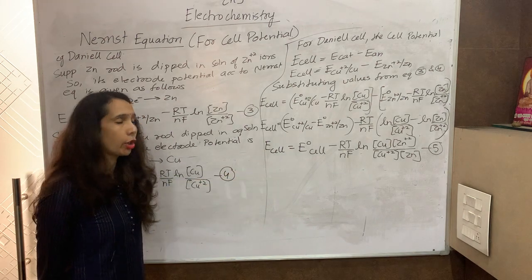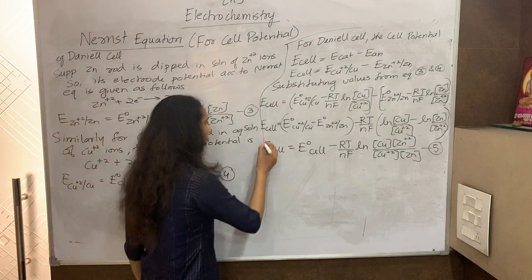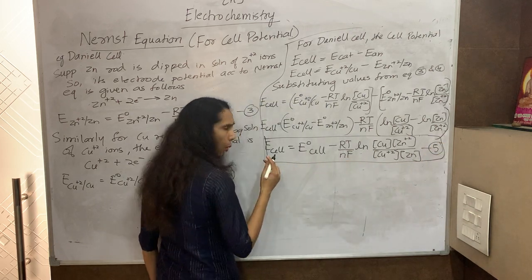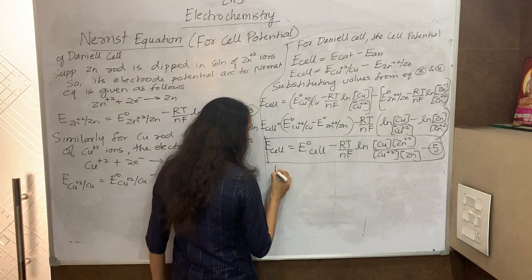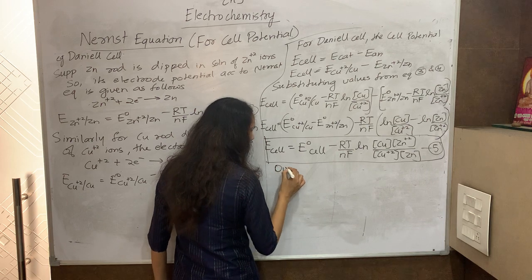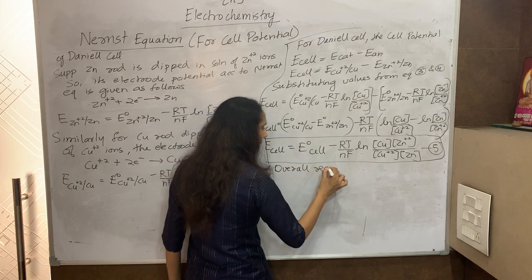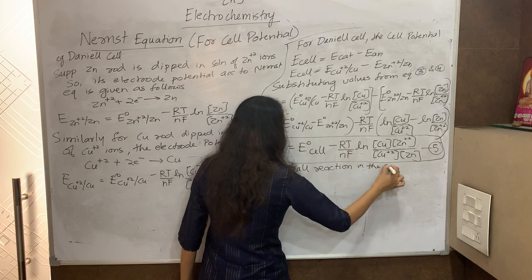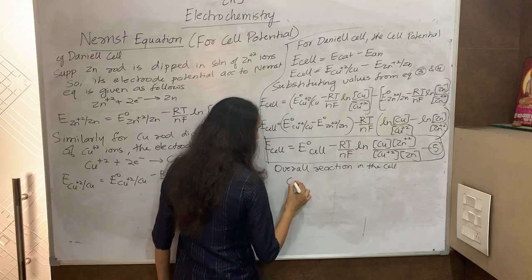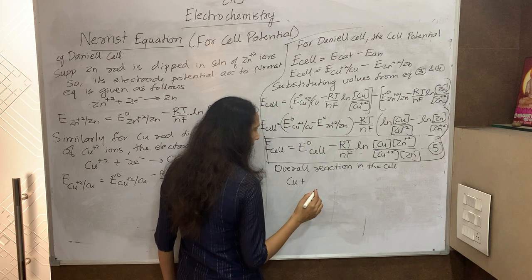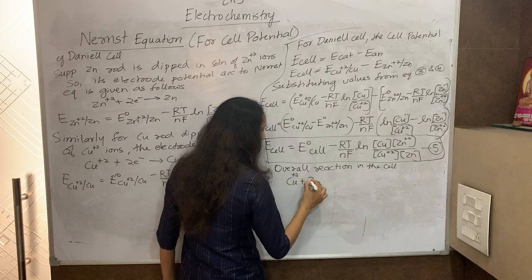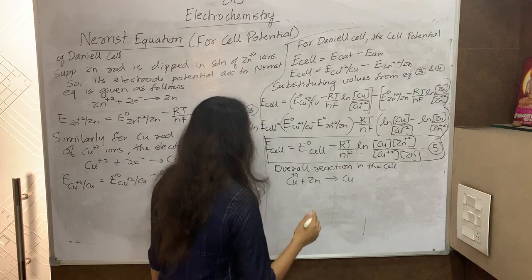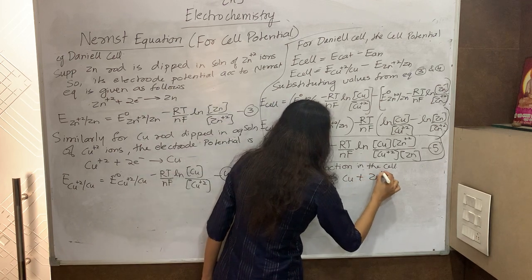This is your Nernst equation for the cell potential for a Daniell cell. I am just writing the overall reaction in the Daniell cell. We have already done the Daniell cell. What is the reaction? Cu²⁺ plus Zn will give Cu plus Zn²⁺.